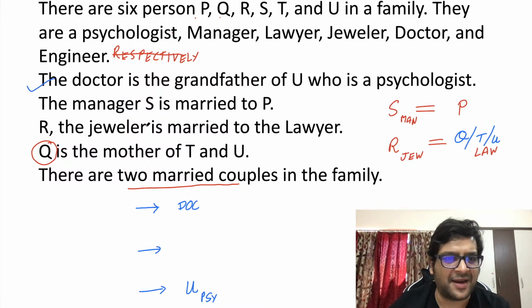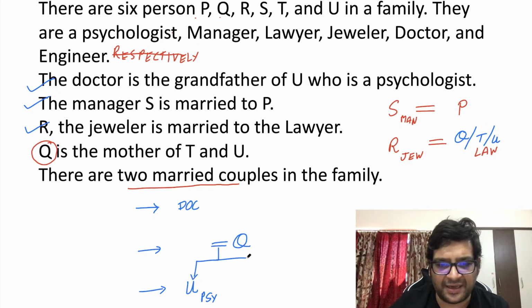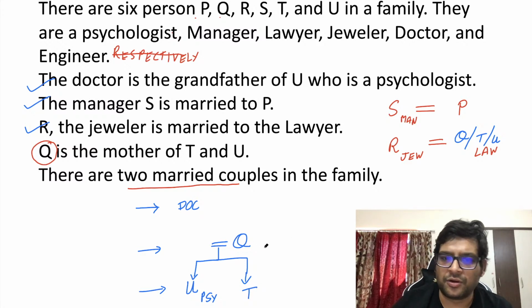Then S is married to P. R is jeweler. I have already taken care of that. Q is the mother of T and U. So Q must be married to someone, and they have 2 children, T and U. Where can R, the jeweler, fit?